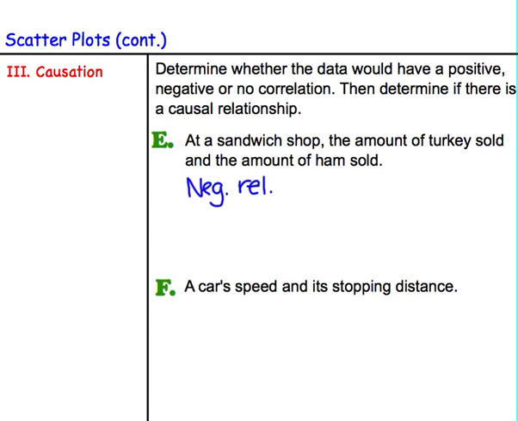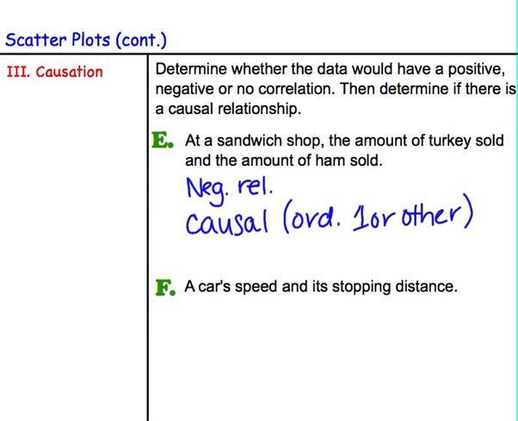Now, I want to say that this is also causal because to me, as that ordering one or the other is going to be a causal relationship because ordering turkey is going to cause you to not buy ham or vice versa.